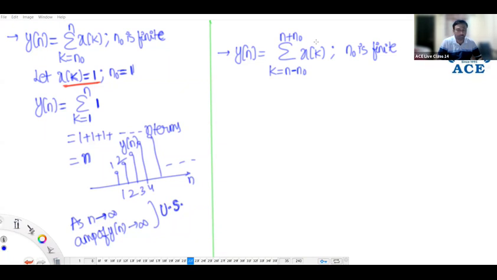N naught is finite. Follow similar techniques, sir. Assume input amplitude finite, n naught finite, like the previous problem. Then you can comment. Stable or unstable?